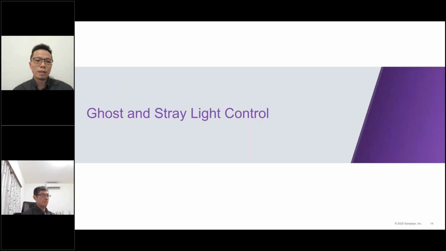And the next part is about the ghost and the stray light control. As you know, LightTools is illumination software, so you can calculate not only sequential rays but also non-sequential rays. Most stray light is non-sequential rays, maybe coming from the second reflection or light from a mechanical surface or the edge of the reflector.